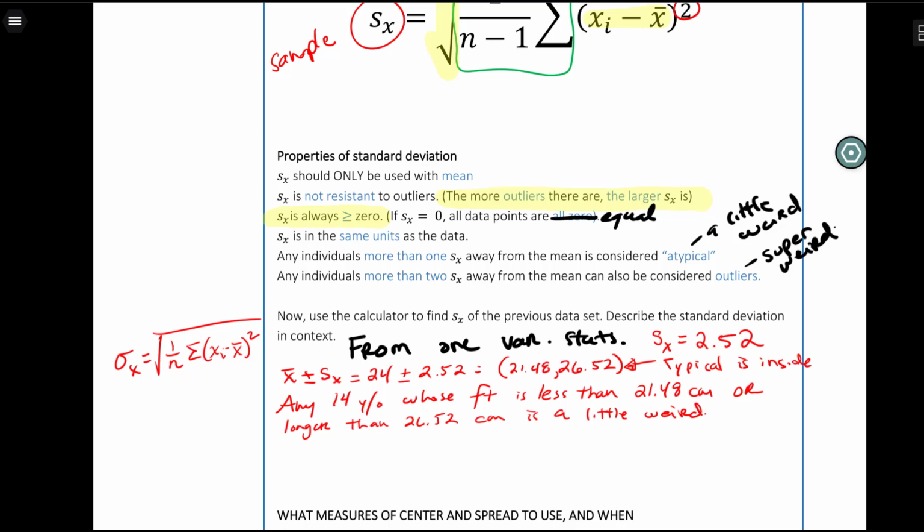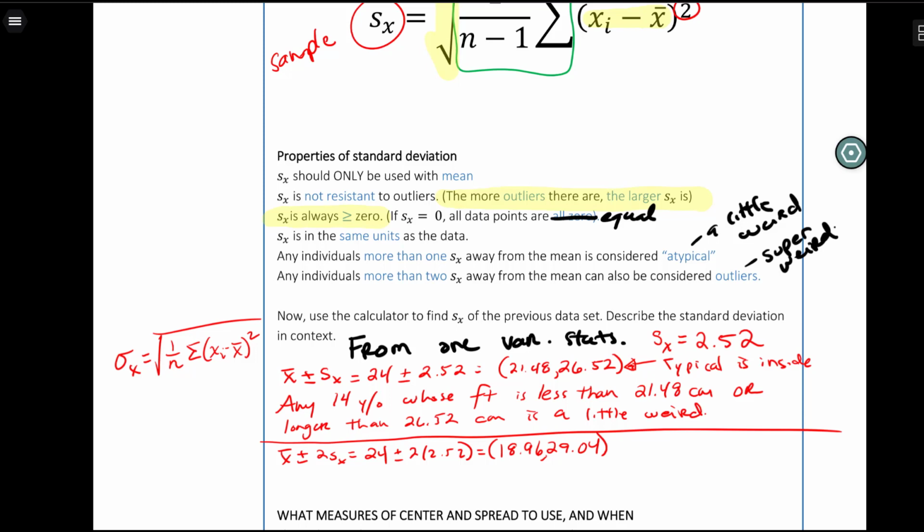Now, what if we do 2 standard deviations from the mean? x bar plus or minus 2 S sub x. Well, that's going to be 24 plus or minus 2 times 2.52, and that's going to give me this interval from 18.96 centimeters all the way to 29.04 centimeters.